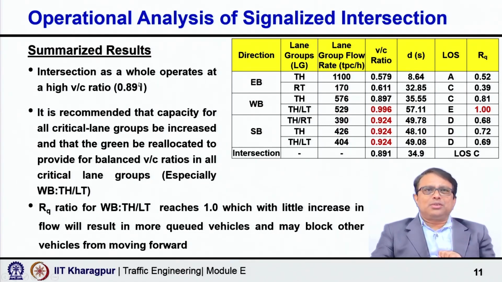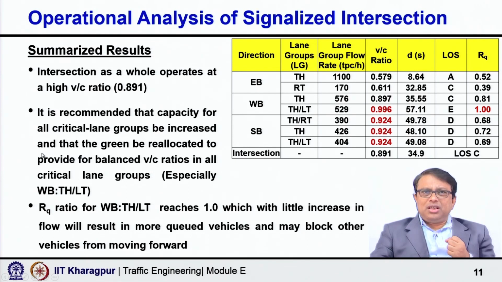So, the intersection as a whole operates at a high V by C ratio, not too close to 1, not on the lower side, not like overall 0.4, 0.5 or 0.6. But it is recommended that capacity for all critical groups be increased, because you can see especially this westbound through and left.